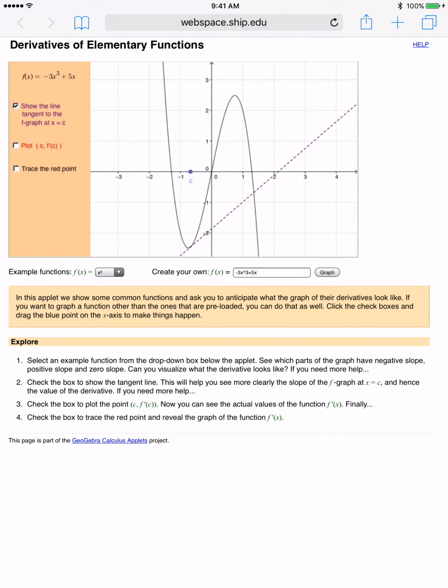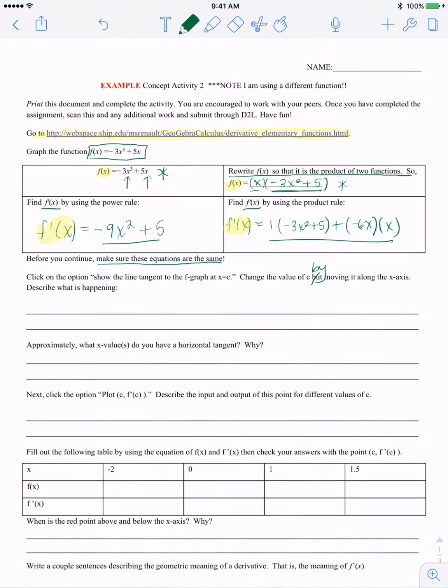Then you're going to move the c value so that you're changing the x value for which you are looking at the tangent line. What you'll do is you'll describe what you're seeing here. Pretty neat, huh? So you'll describe what's happening here.